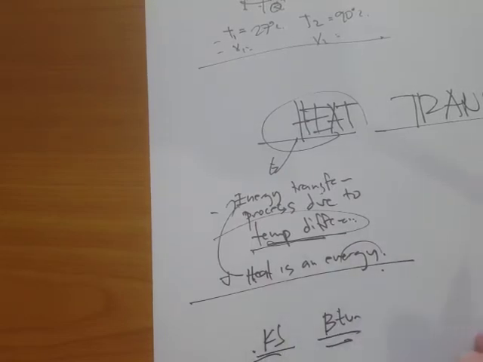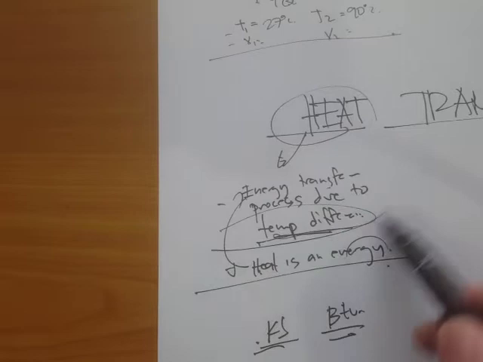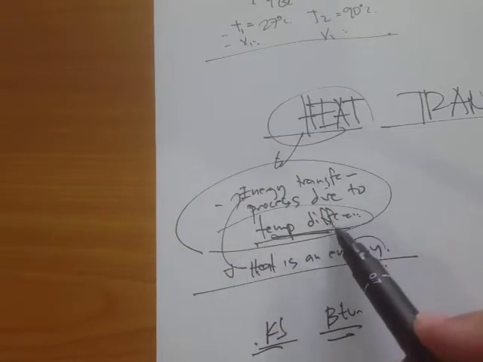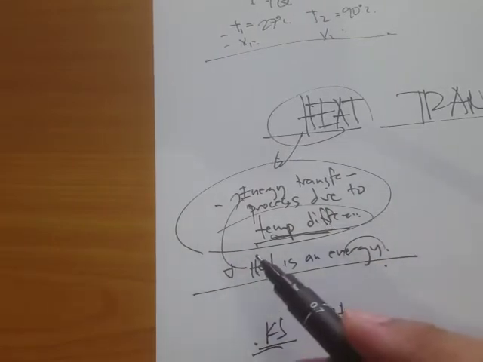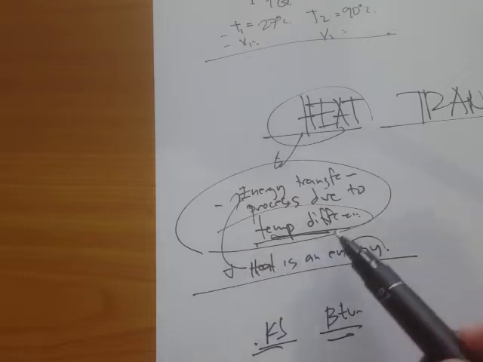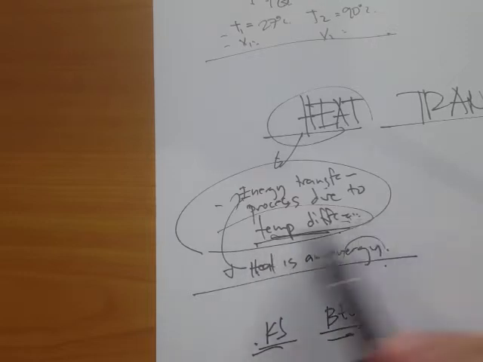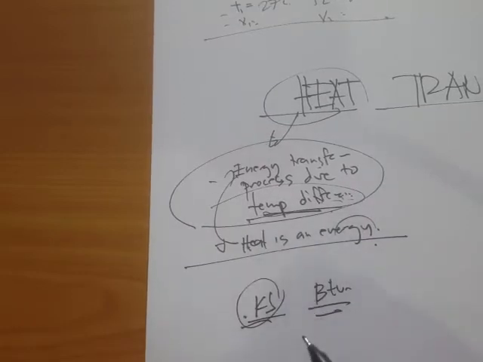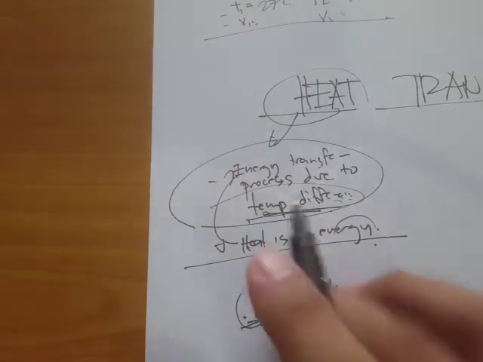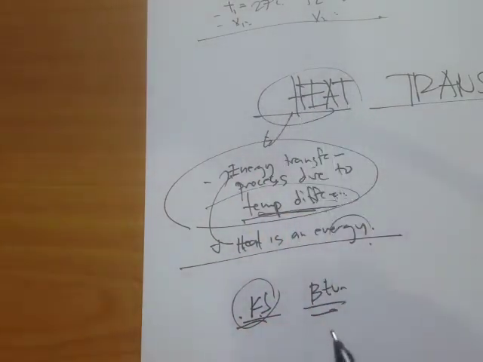But in concept, I think this is more precise: it is just a transfer process due to temperature difference, and it's not the energy itself. However, by convention, we use the unit of energy in quantifying the value of heat.